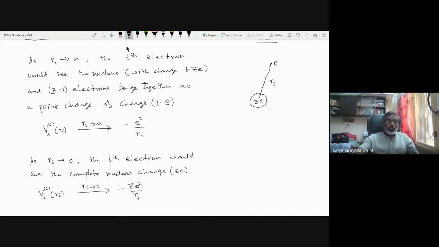We can see this graphically. For example, if you try to plot, this is your R, and you have two graphs.